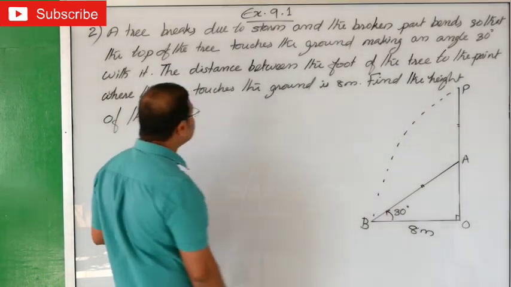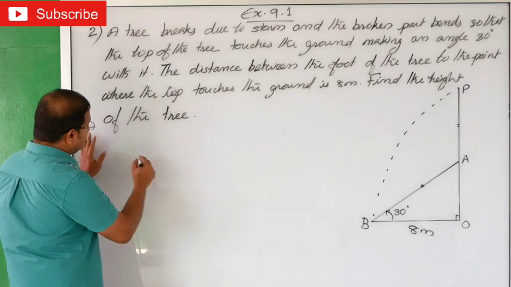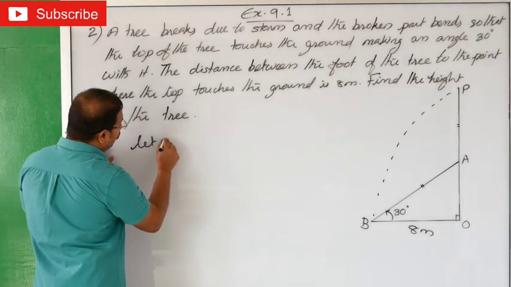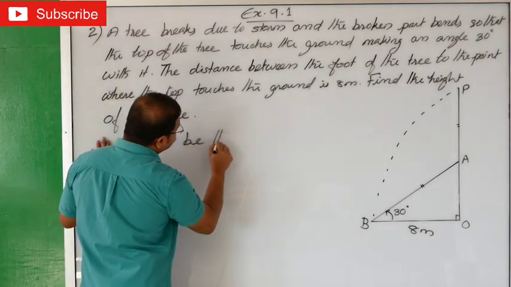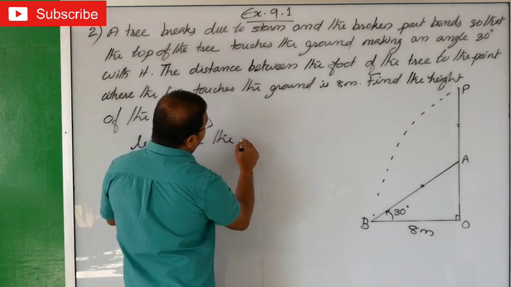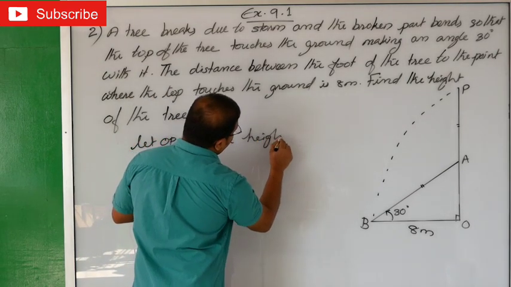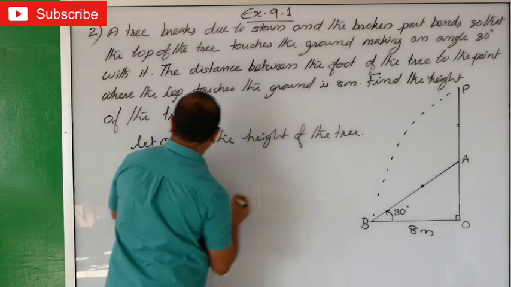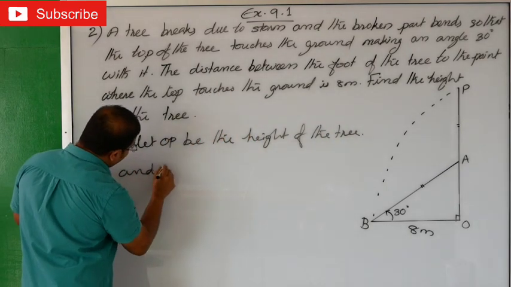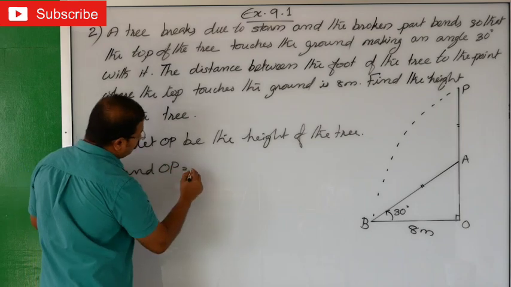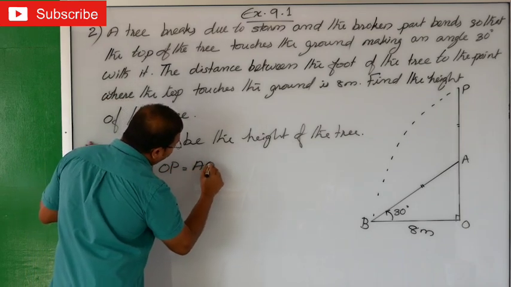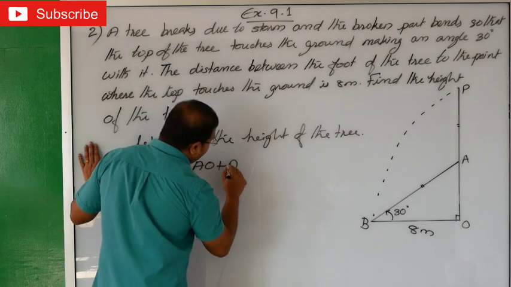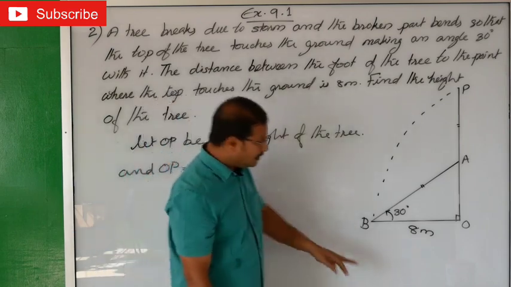Ready? Now first, what will you write? Let OP be the height of the tree, and OP equals AO plus AP. I hope you can understand.